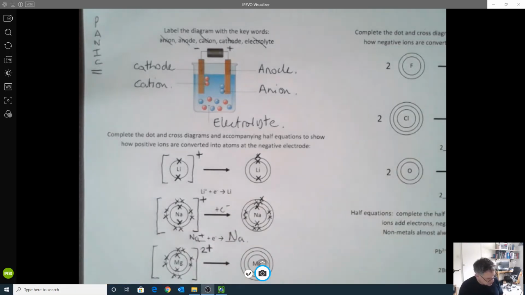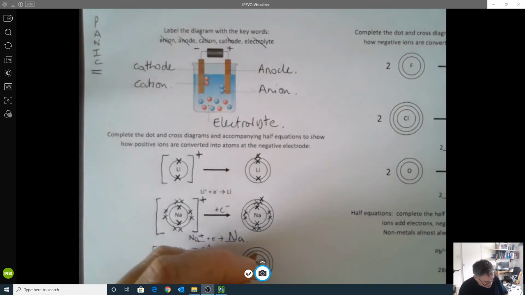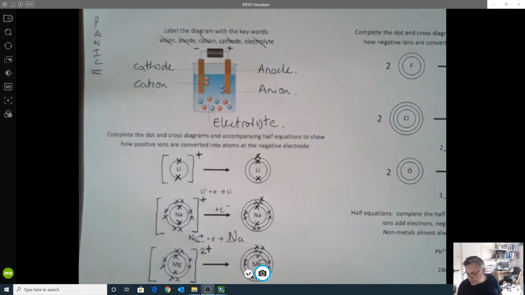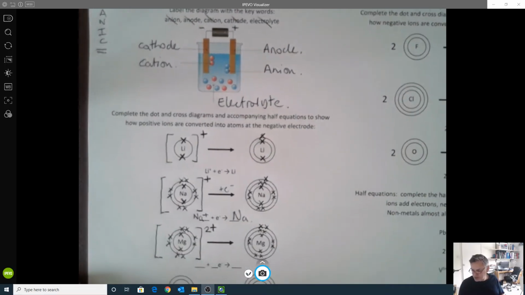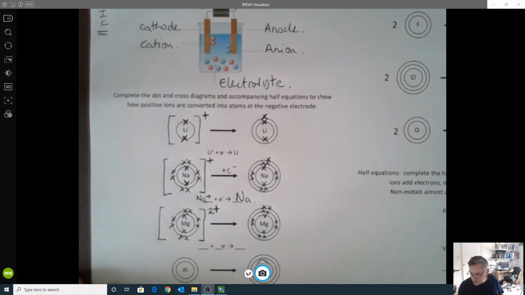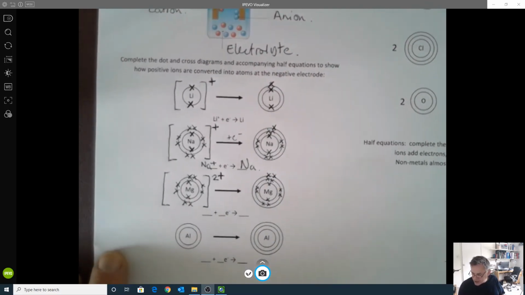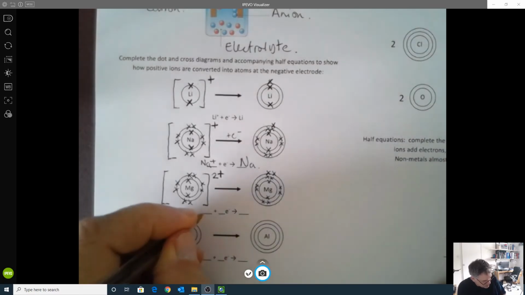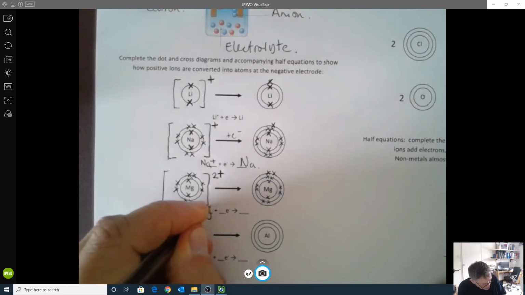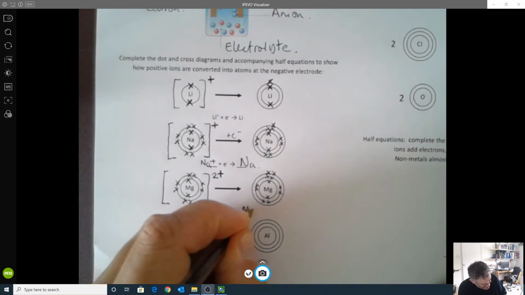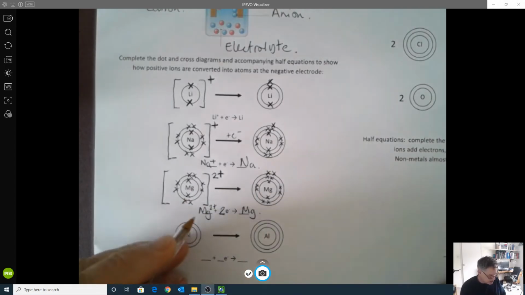That is because in the ion it has all of those electrons, plus in the atom it has all of those electrons plus an extra 2. And I can draw those there. Can you still see this? Yes, you can. So the equation then becomes Mg2+ plus 2 electrons goes to give Mg. Okay.